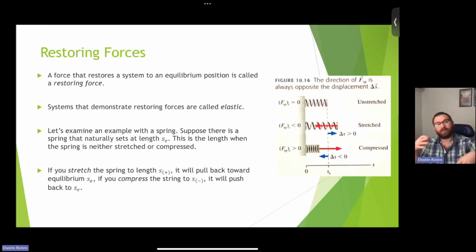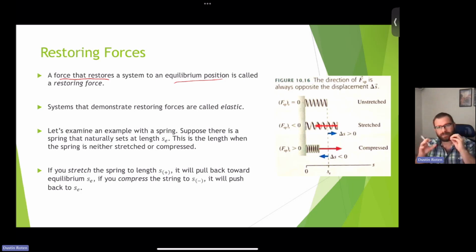So generally, a restoring force is essentially a force that brings a system to an equilibrium position. Okay, so that's a force that restores a system to its happy place, so to speak, where the system wants to be.